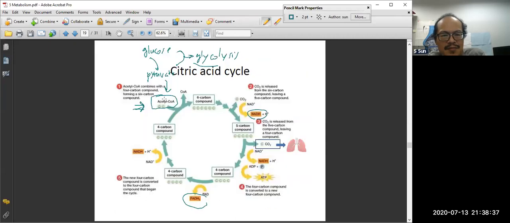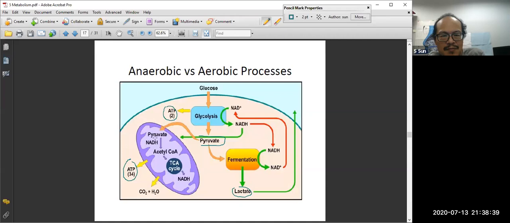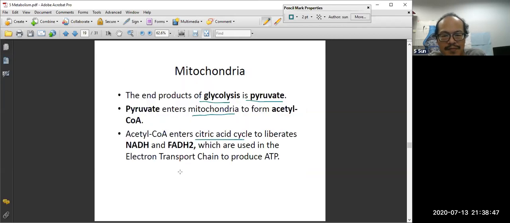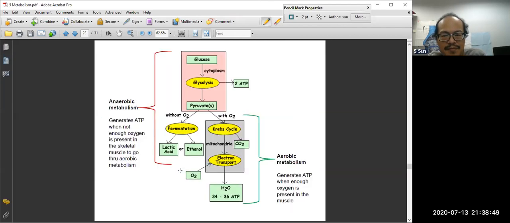Pyruvate needs to become acetyl-CoA, then it can enter the TCA cycle. Without oxygen, it only produces 2 ATP, and that's it. With oxygen, it will form the aerobic metabolism. This one produces a lot more ATP.